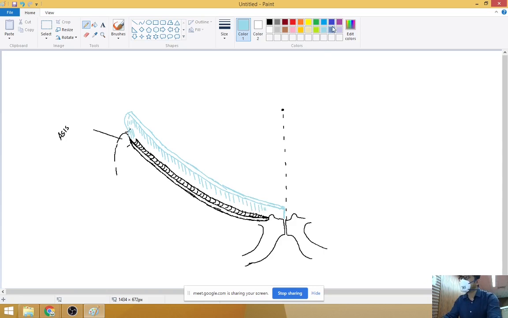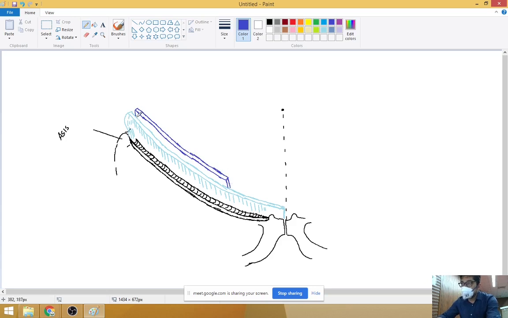What is the next muscle? Anyone? Internal oblique. So we will just draw the internal oblique here. You won't make it that thick. This is just the internal oblique, a cut section.